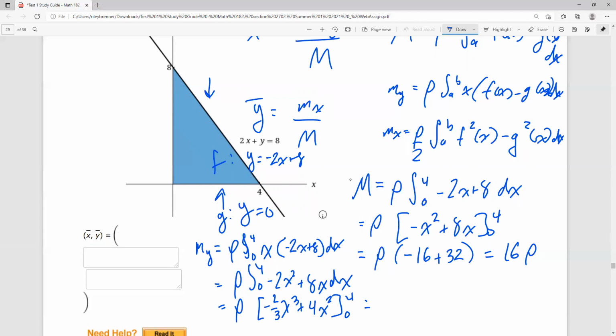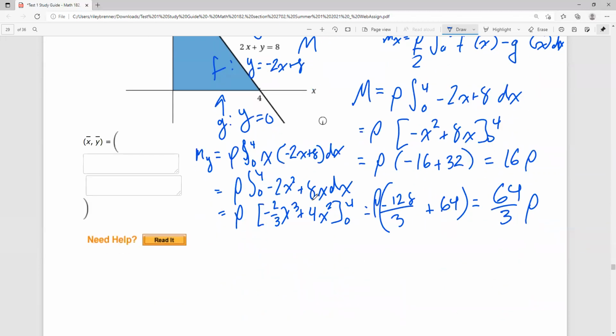Oh boy. 4 cubed is 64 times 2 is negative 128 over 3, plus 64. This is all times rho, by the way. So, 64 over 3 rho. Perfect.